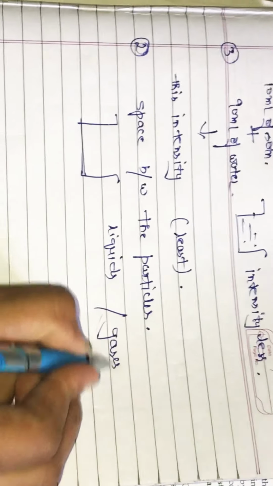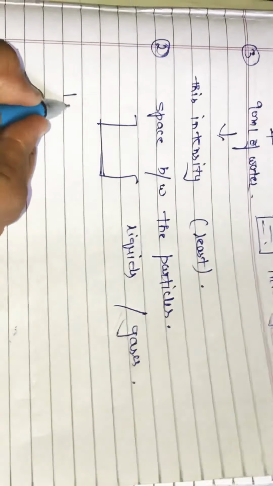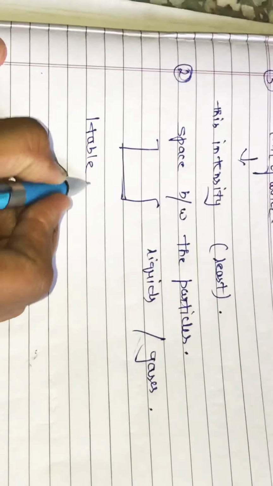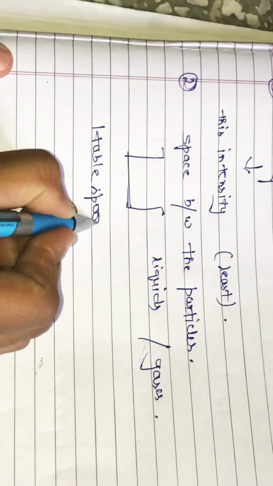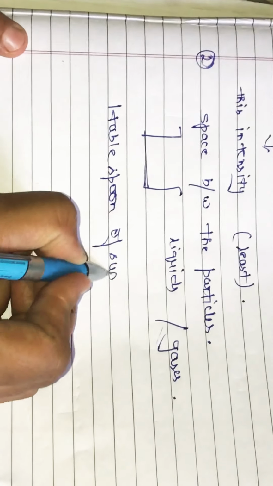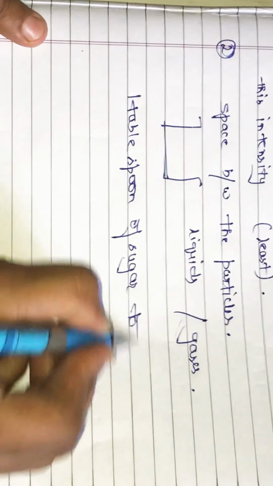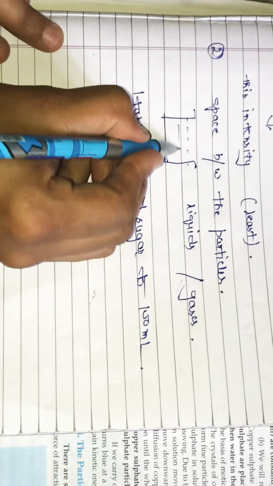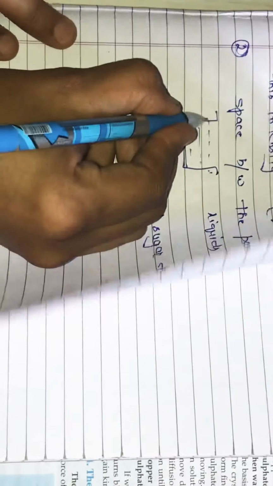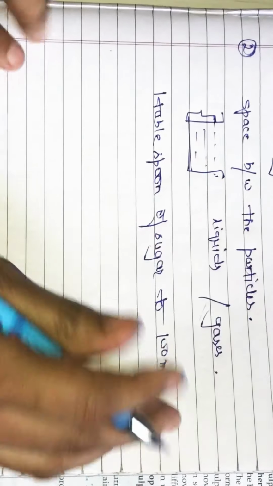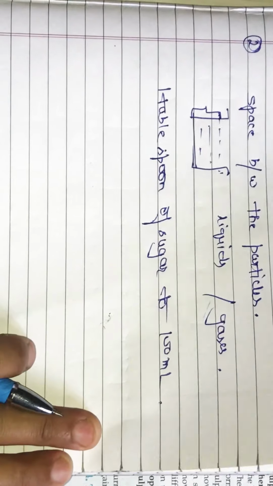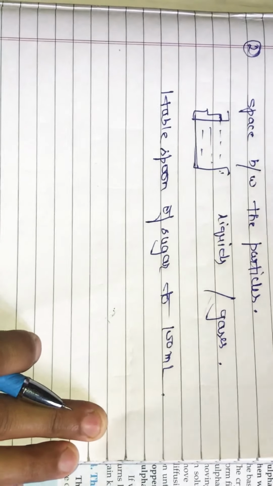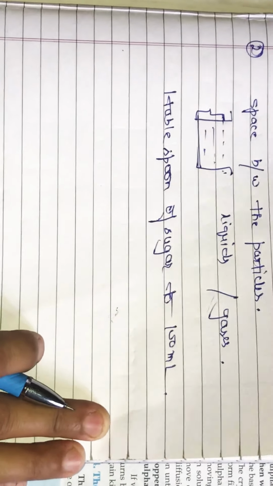Okay, so just take 1 tablespoon of sugar and add it to 100 ml of water, right? You can initially note down the level of water. Suppose this is the level, the height of the meniscus. But you will notice that after adding even 1 spoon of sugar, the level will not rise.